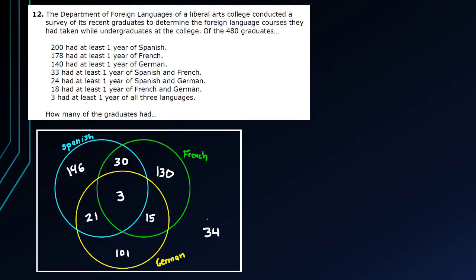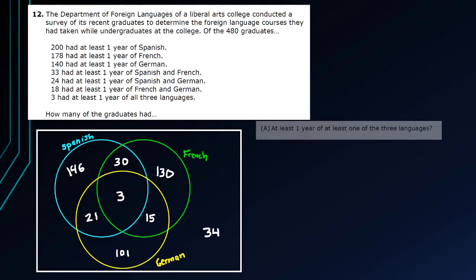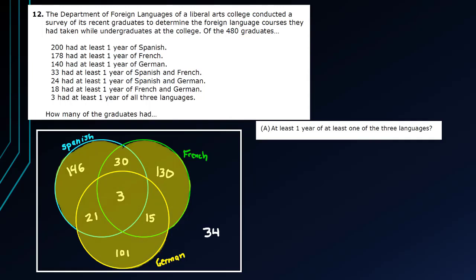So what does this mean? You weren't asked to complete a Venn diagram for this, but to answer some of the questions that follow, like, for instance, how many of the graduates had at least 1 year of at least one of the 3 languages? I have to know what that means, and that basically means how many people fall within at least one of these 3 circles.